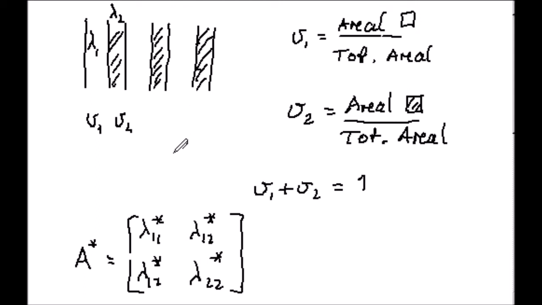It's also possible to see this physically, because if the two materials were, for example, metal in the lambda 2 region and an isolating material in the white material, then it's obvious that the conductivity must be less in the horizontal direction compared to the vertical direction.